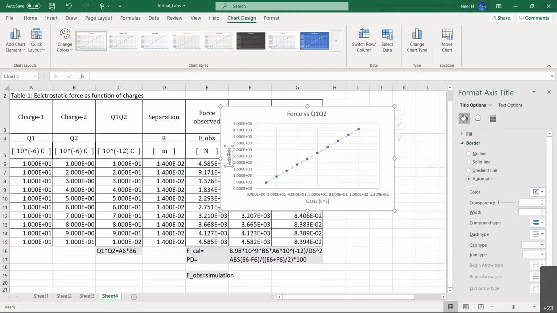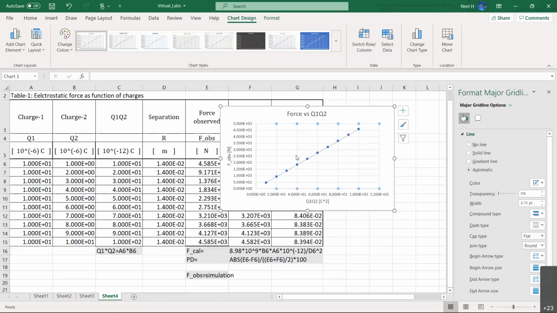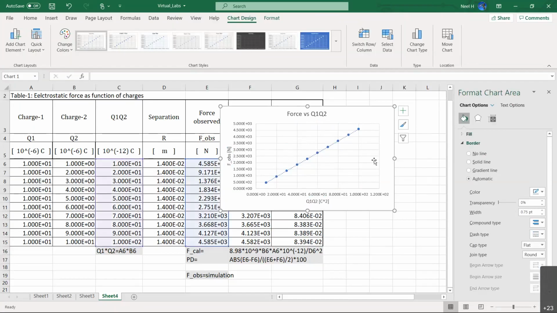And similarly, the axis title for Y should be force observed, right? Force OBS, and then the unit is Newton. Okay, all of this information must be there on every single graph you make during the class, for any of the other labs too.